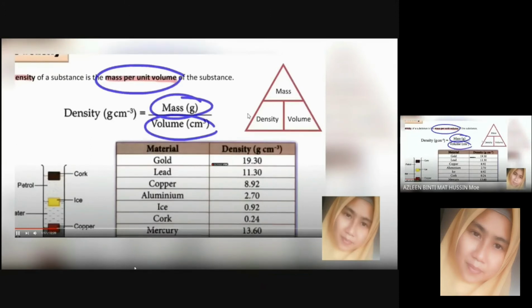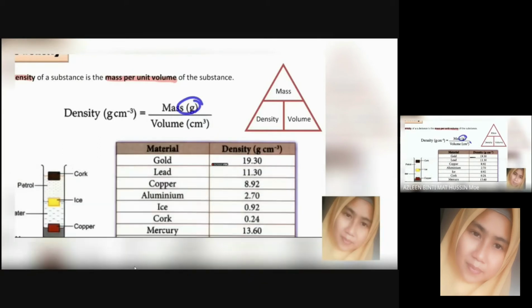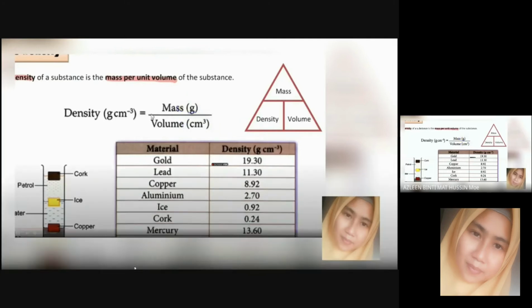Mass over volume, to get the density. You can also refer to the pyramid. I repeat, mass over volume in centimeter cube makes gram per centimeter cube, or gram cm negative 3. Why cm negative 3? Because here you can see it is divided, so when you bring it up here, it will be negative 3.